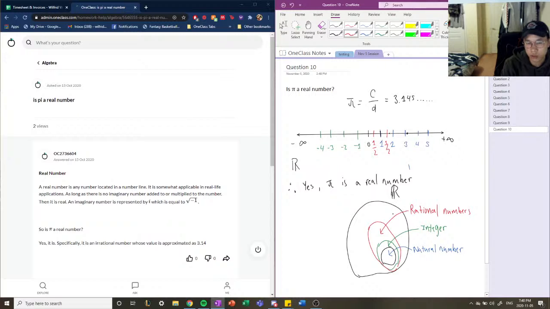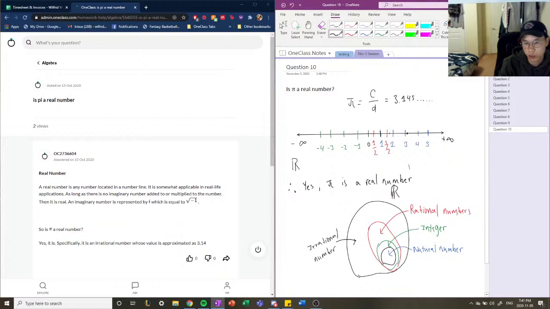All rational numbers are real numbers, but not all real numbers are rational numbers. All integers and natural numbers are rational numbers, but not all rational numbers are integers or natural numbers. Finally, we have this last circle which explains our irrational numbers. These are all the different types of numbers that compose the real number realm.